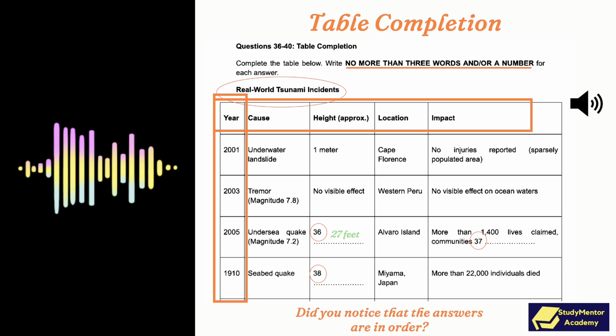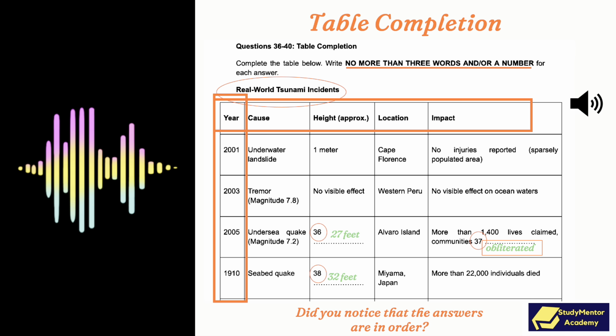Entire communities in the towns of Maruta and Kana were obliterated. Another historical disaster took place in 1910 off the coast of Miyama, a region in northern Japan. A significant seabed quake generated a wave about 32 feet high, leading to the deaths of more than 22,000 individuals.